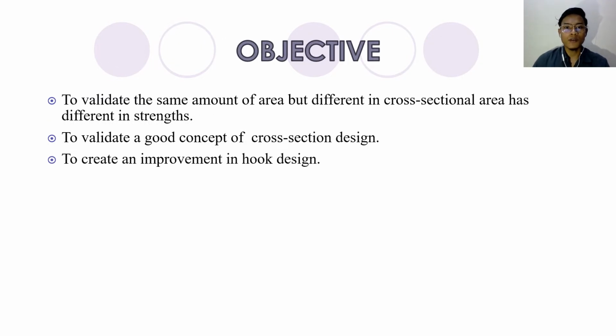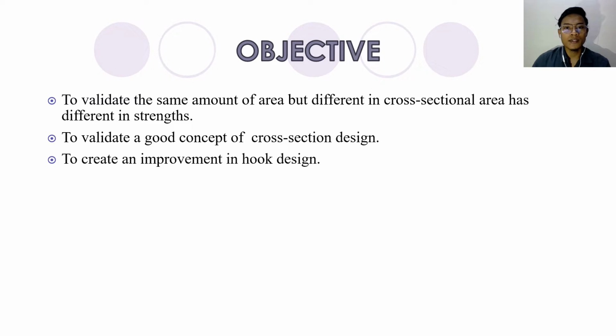The objective of my final year project is to validate that the same amount of area but different cross-sectional shape has different strengths, because if we use a different amount of area, it will probably give a different result. So in this project, it used 100 millimeter square as the area.